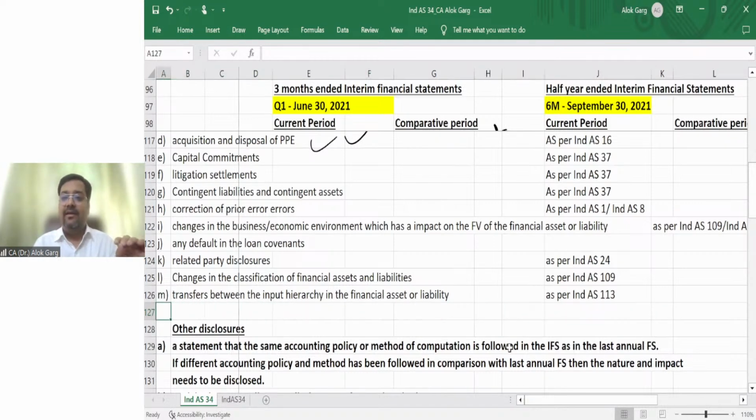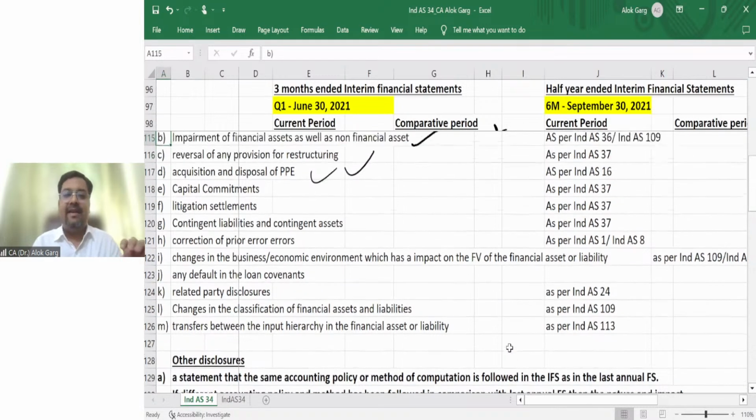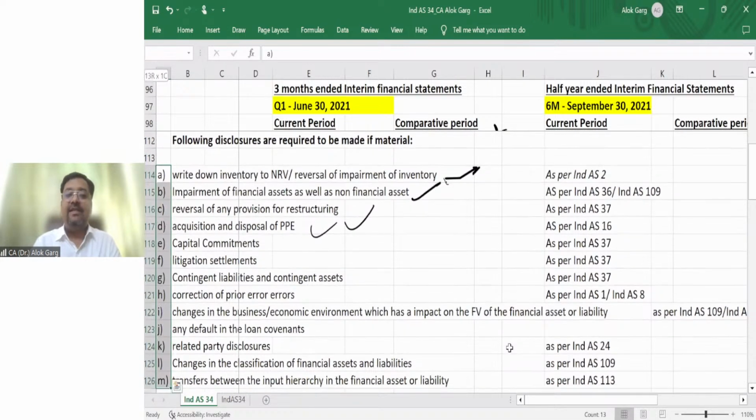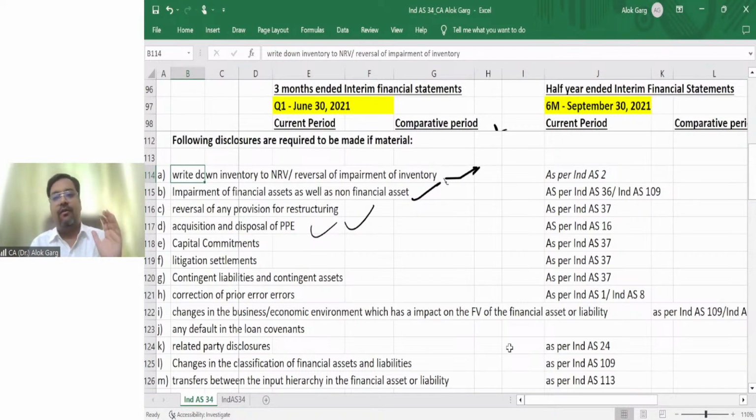Friends, this is a disclosure or reporting based standard. Just you need to think about that this specific list is given in the standard. If this item is significant or material, then it is required to be disclosed only, right? If it is not significant or material, it is not required to be disclosed.